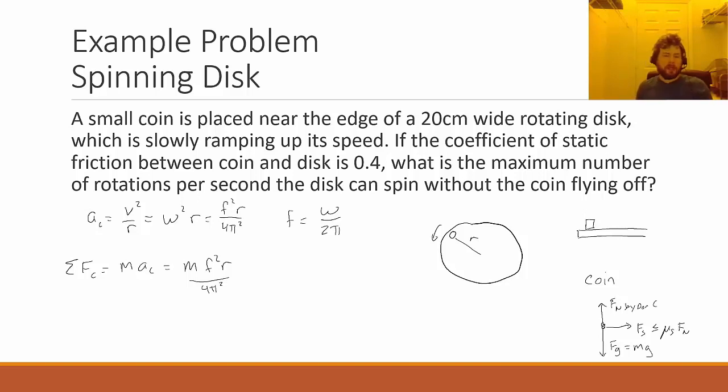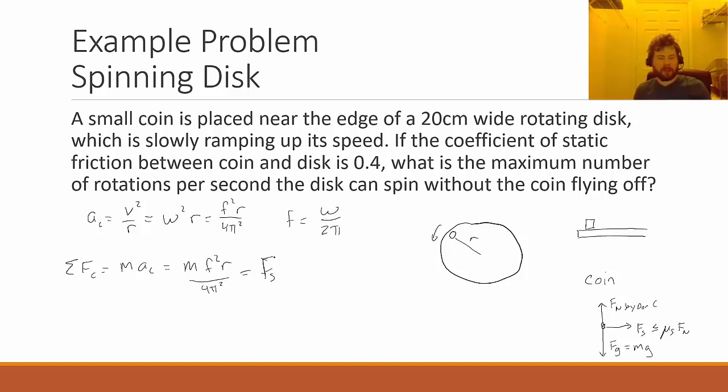Now, what this is telling us is that this can spin faster and faster, higher and higher in frequency, with a larger and larger corresponding static friction, because this will equal the net force. The net force in this case, the vertical will cancel, because there's no vertical acceleration. It's not falling down, for example, getting faster and faster down or up. So it's just the static friction that's supplying this.